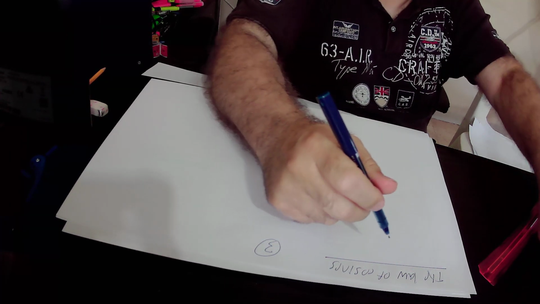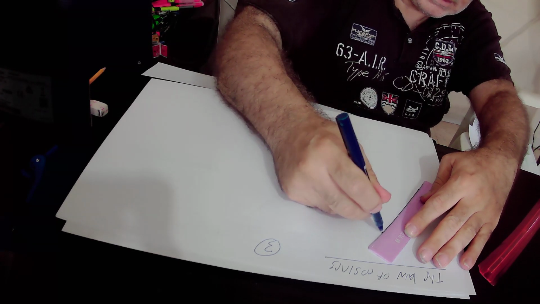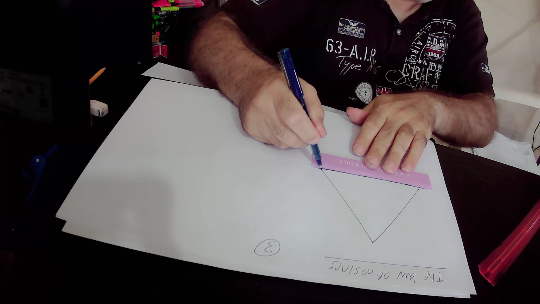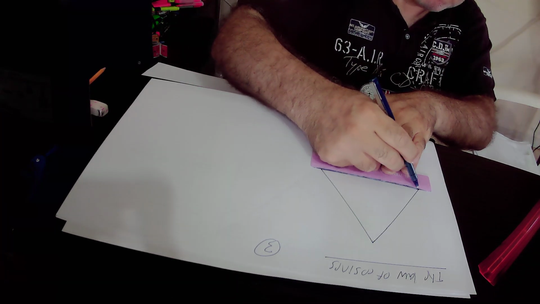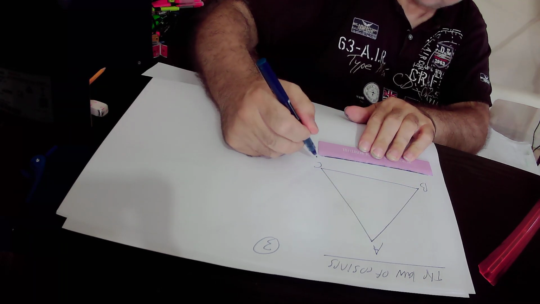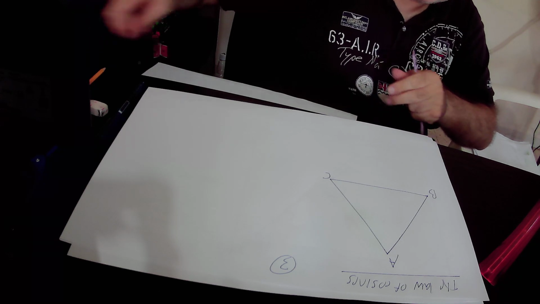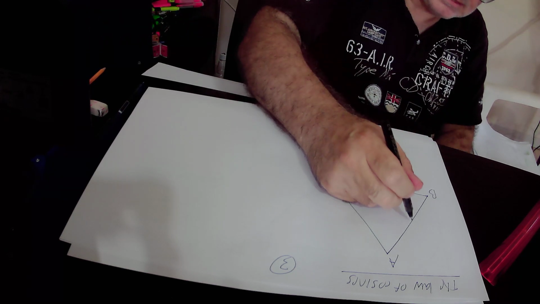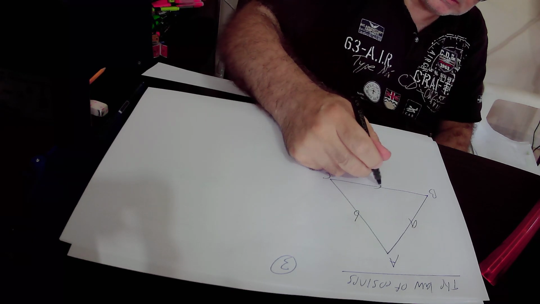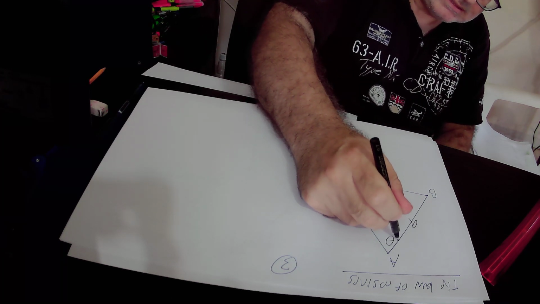So if we have triangle ABC, that could be any triangle, and we know that the length of side AB is A units, the length of side AC is B units, and the length of side BC is C units, and the angle between side AB and side AC is theta.